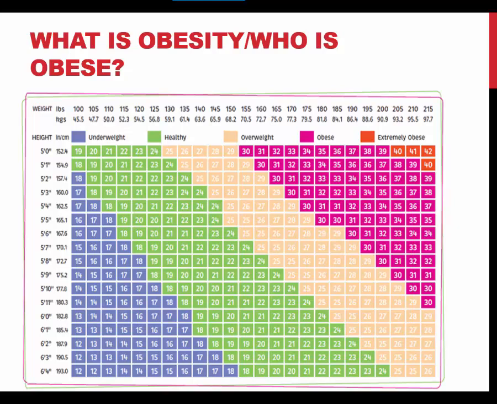Obesity is actually a very specific term based on an equation used to establish your BMI, your body mass index. The equation uses your height and your weight. If your body mass index is over 30, we consider that to be obese.